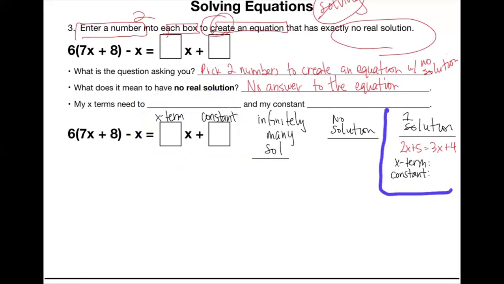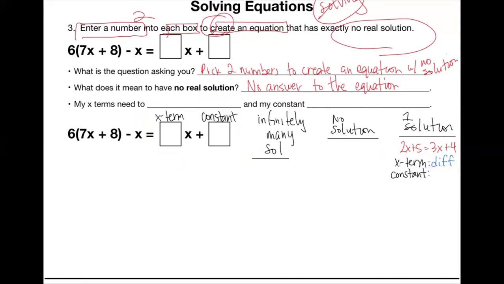So if I look here at one solution, here is the equation that I created. What do I notice about the x terms on both sides? So here's a 2x, here's a 3x. Are they the same or different? Good, those ones are different. I'm going to put diff just to abbreviate it. So if I want to create a one solution, I need to have x terms that are different from each other. That's what we did last time, right?